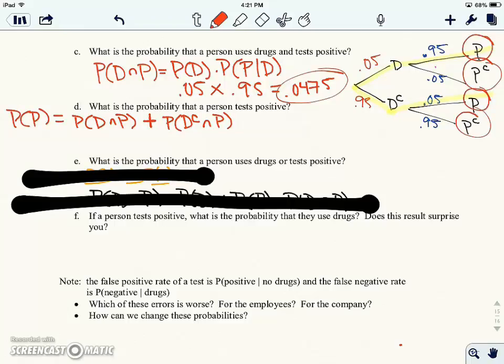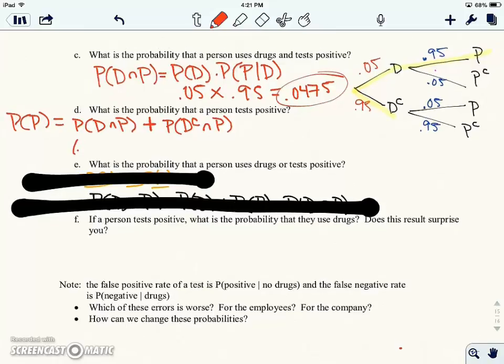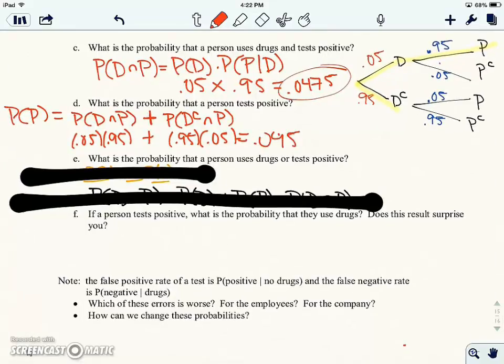So we have to break it up into the two ways to do it. And so if I look at that, drugs and positive, that's the 0.05 times the 0.95, or not drugs, that's 0.95 times the chance of testing positive if you don't do drugs, which is 0.05, which is about 0.095, okay, or 9.5%.